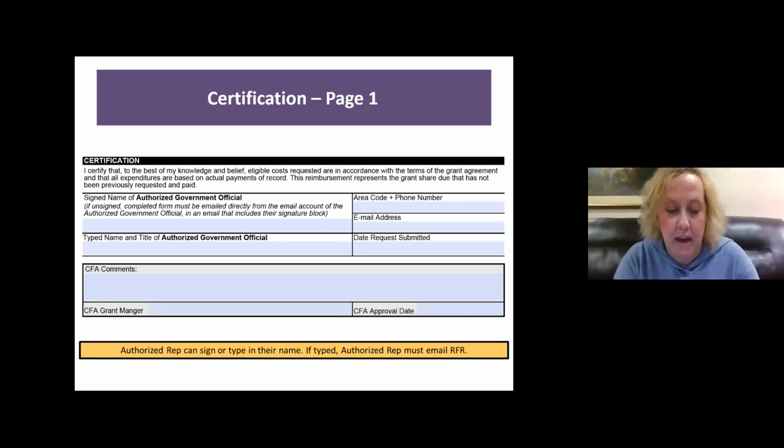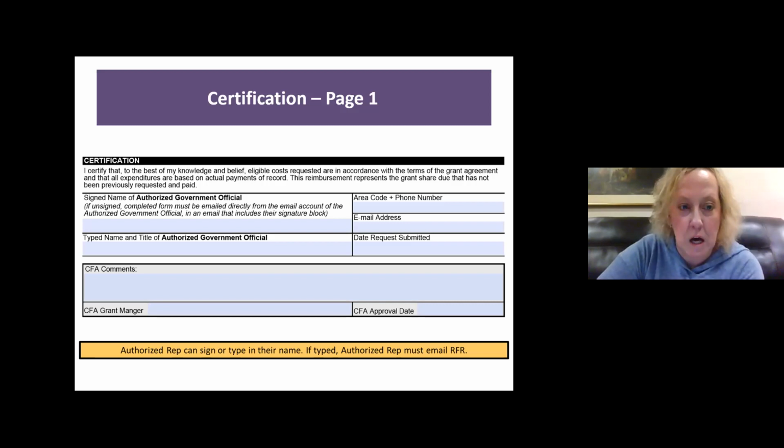So the certification page essentially is required again to be completed by the authorized representative. It should be the same authorized representative, consistent through the grant implementation. Essentially just making sure and certifying that the information is true and correct.